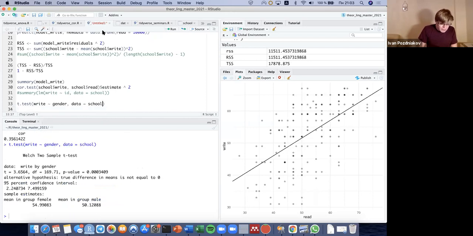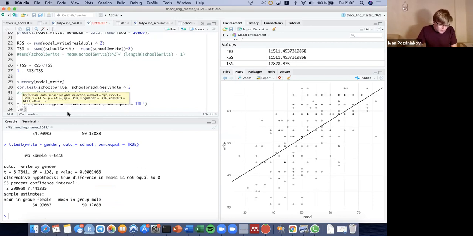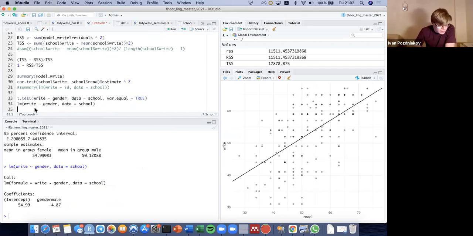But for this example, we'll use not the Welch corrected two-sample t-test, but the original t-test, var.equal equal to TRUE, meaning just a simple two-sample t-test. And actually we can do the same, but in the form of regression. It will have a similar syntax actually. Summary.